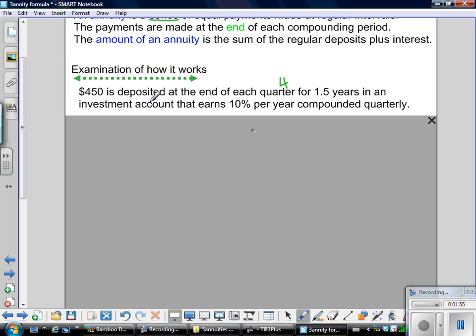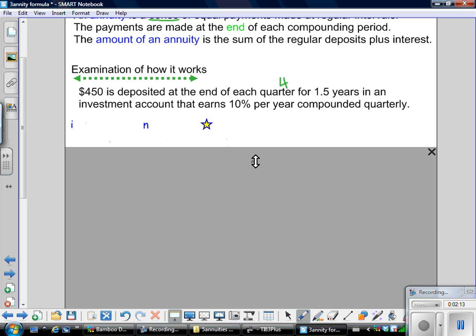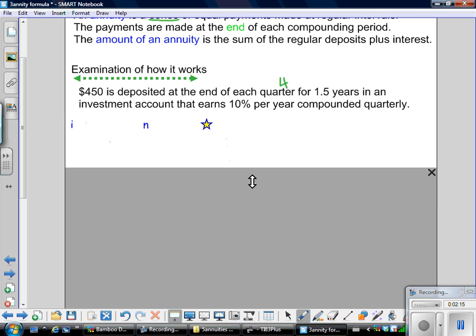So a couple of other things: the depositing time, 4 times a year, and the compounding, quarterly, have to match up in order to use this formula. For you, in this course, they both will match.